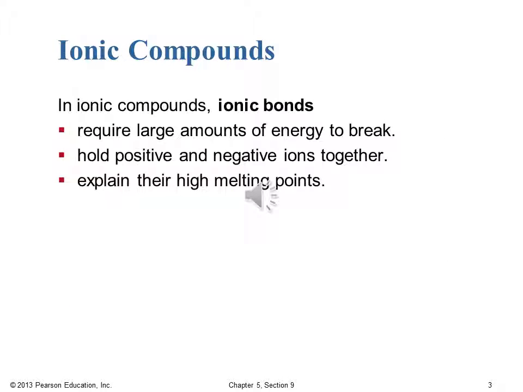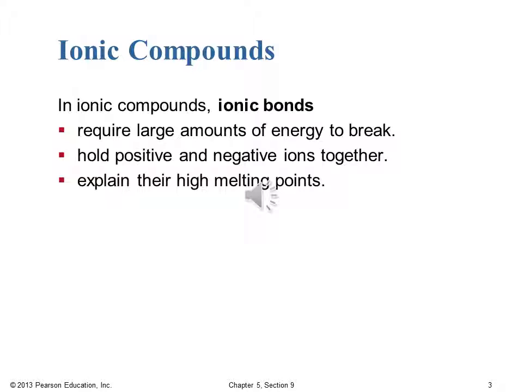Okay, so the ionic compounds were the first we discussed here in Chapter 5, so let's review those. Ionic bonds are very strong, therefore they require large amounts of energy to break. It's the full positive and negative ion charges that are holding that lattice together, and that explains the high melting points we experience.